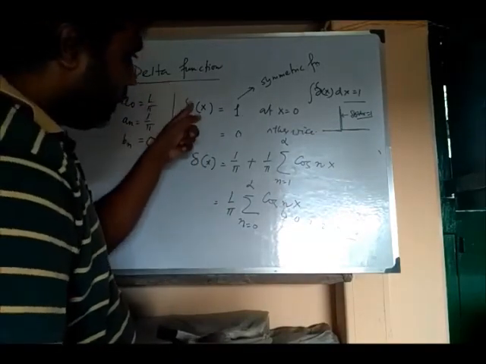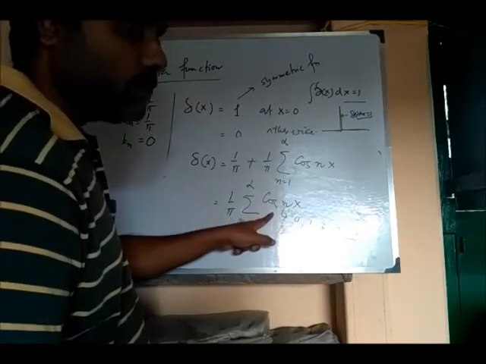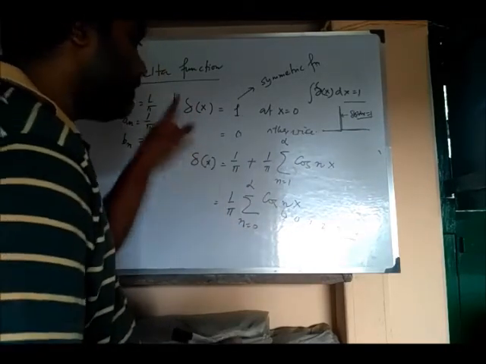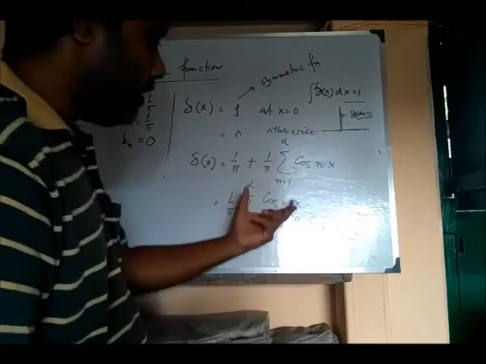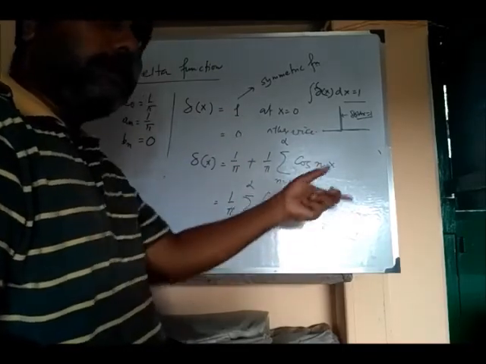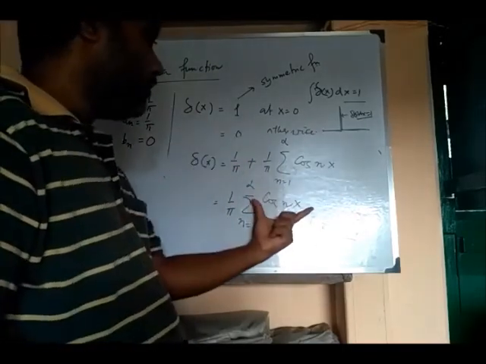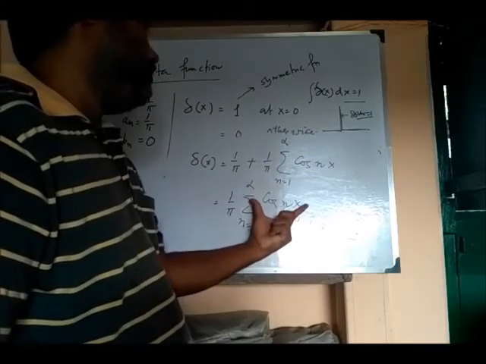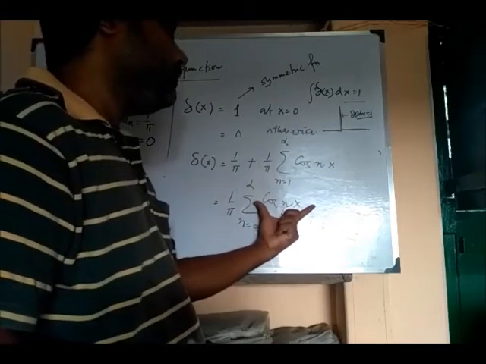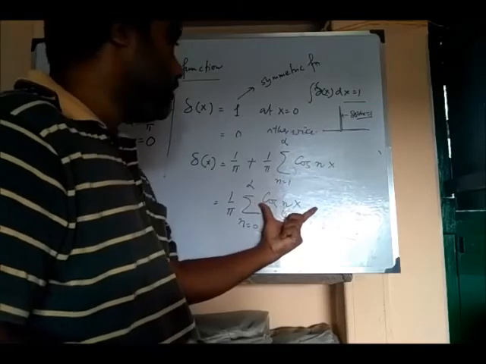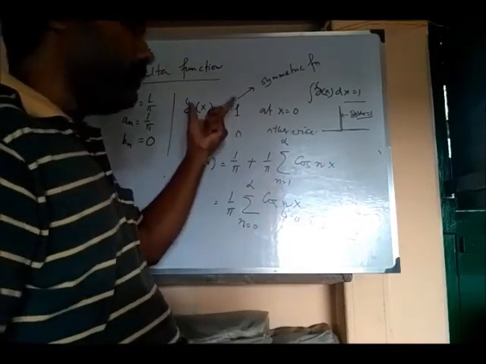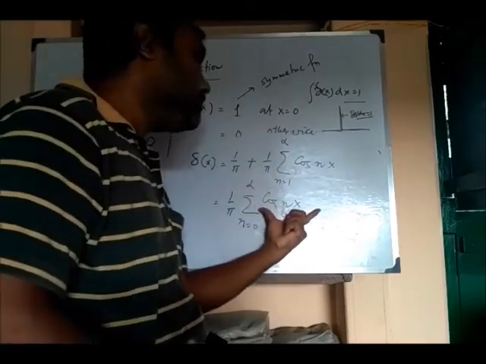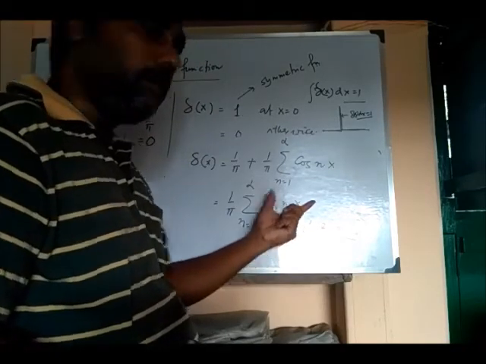So you can expand the delta function in terms of a Fourier series. In the reverse direction, I can say that if you add all these cosine functions, you can generate a function. So a Fourier series is nothing but the sum of different periodic functions to generate a specific function. So a Fourier series can be represented as a Fourier sum, right?